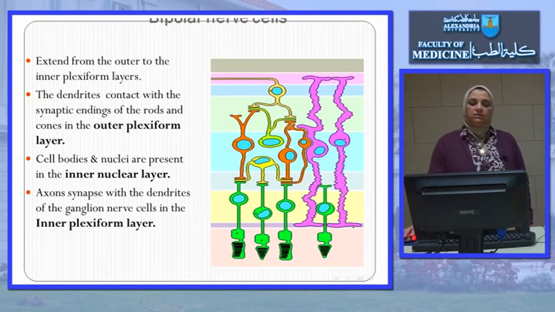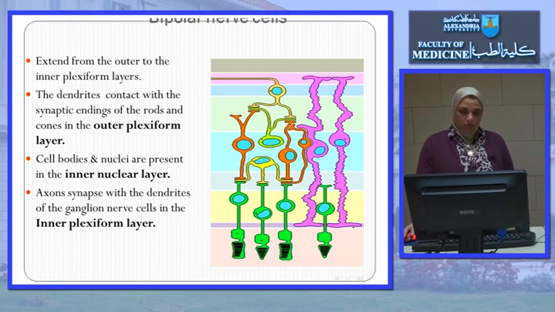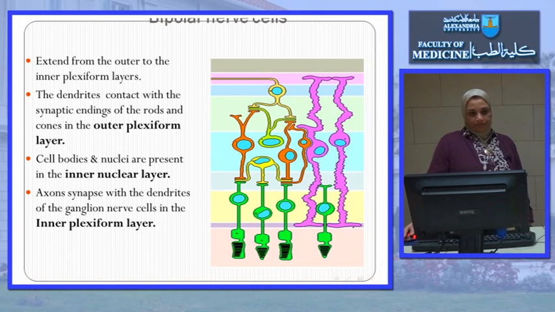Let's now discuss the histology of the bipolar. These are the bipolar cells. You know, cell body, then one fiber will act as a dendrite, the other will act as an axon. So it extends from the outer plexiform to the inner plexiform.